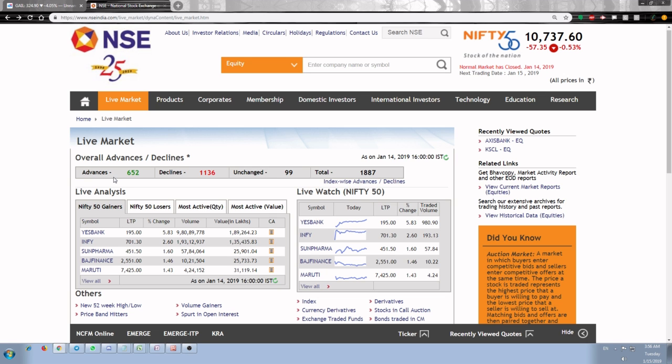So we can expect the market to be falling. And since we anticipate the market to be falling with a logical approach, and the logical approach we are talking about is the advances and declines, it is always better to be on the selling side, because it's easier to make money in the direction in which the market is moving.